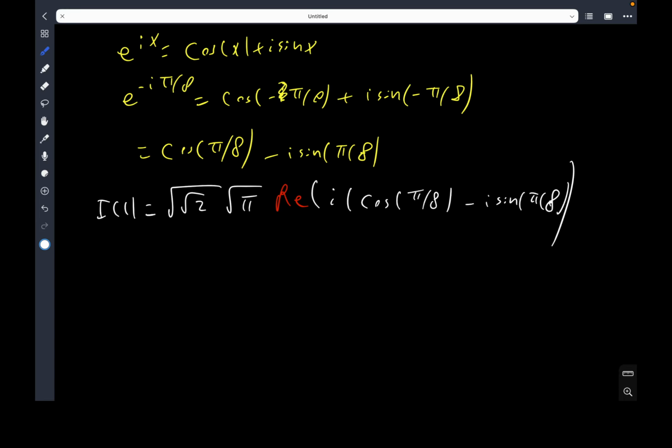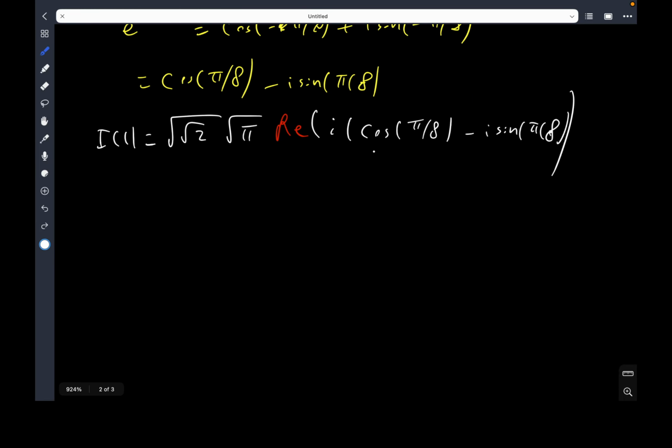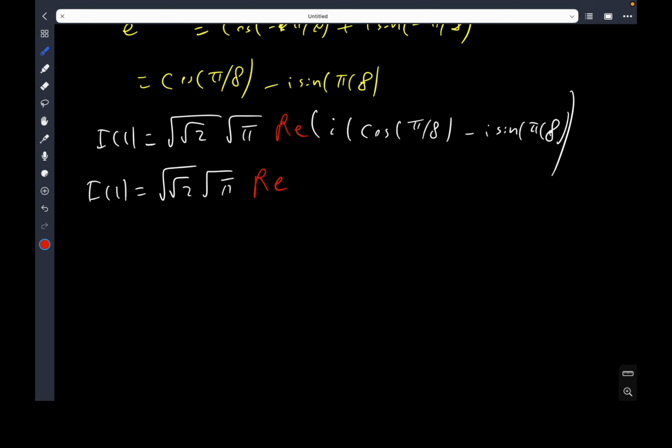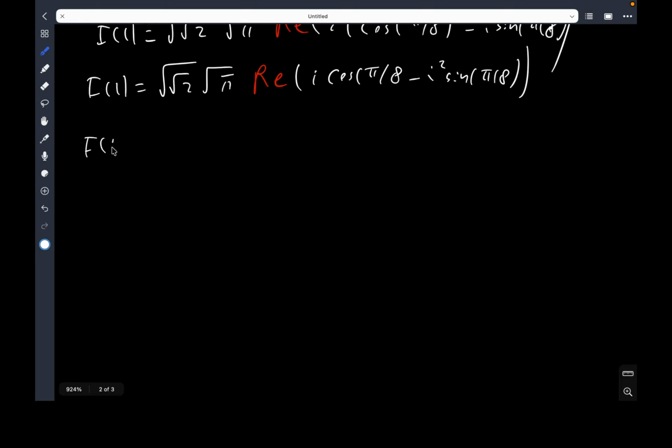Now, if I expand the i here, I'm going to get I of 1 to be root of root 2 root pi, the real part of i cosine of pi over 8 minus i squared sine of pi over 8. Writing it more cleanly, it's i cosine of pi over 8 plus sine of pi over 8, since i squared is negative 1.